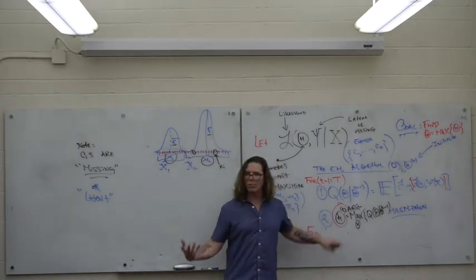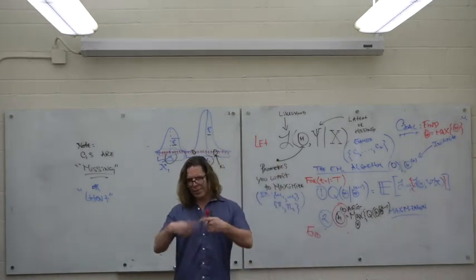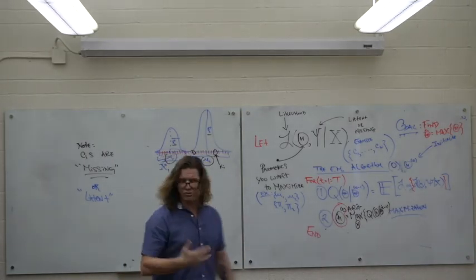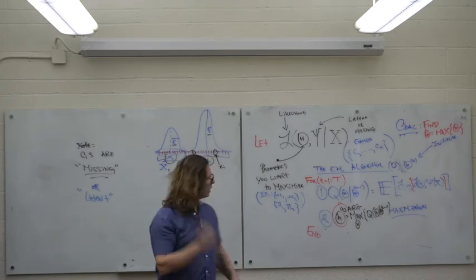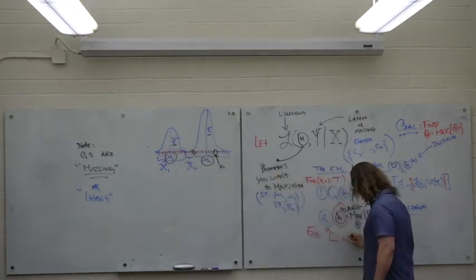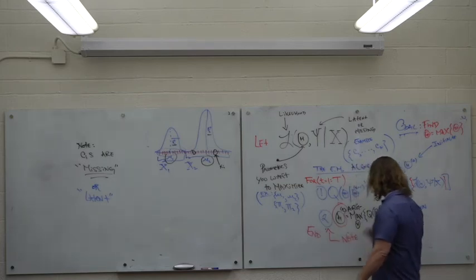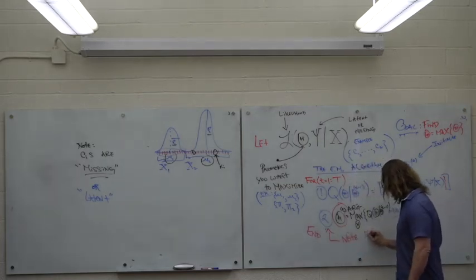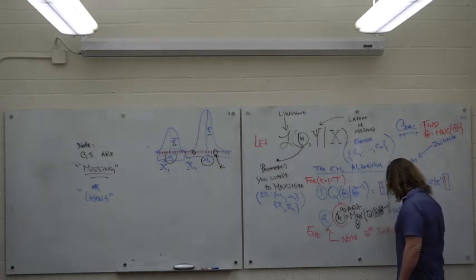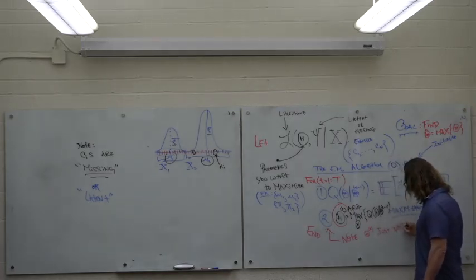So just like all maximization algorithms, if you're making your progress, you don't have to go up to the top of the hill fast. You just have to be making progress. So I'll just make a note about that. Note. Theta t just needs to increase q.